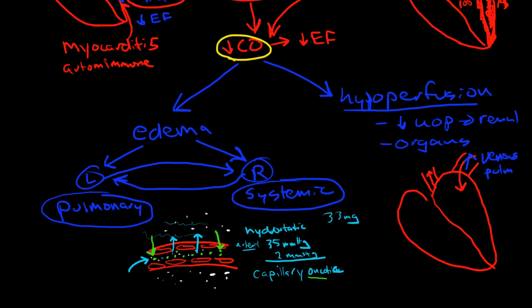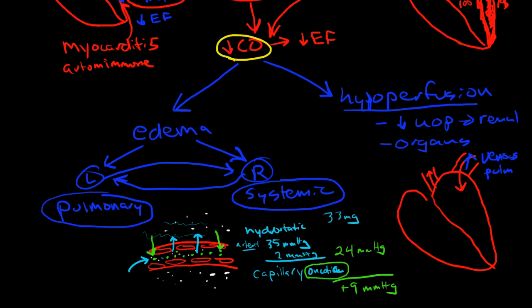Oncotic pressure is just a fancy word for osmotic pressure that is due to proteins. And on the arterial side, the oncotic pressure is about 24 millimeters of mercury. So you end up with a net filtration on the arterial side of about +9. And because it's +9, fluid tends to flow out.